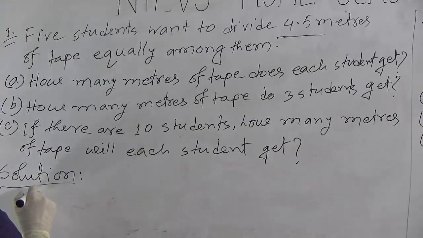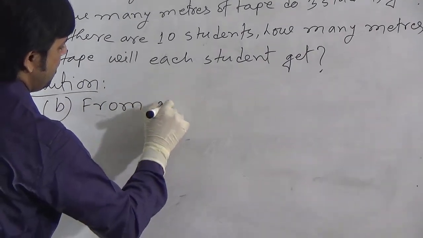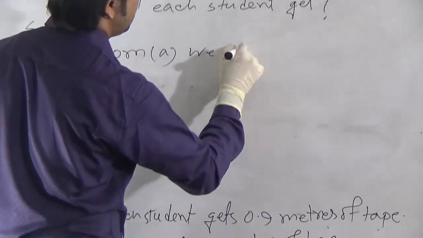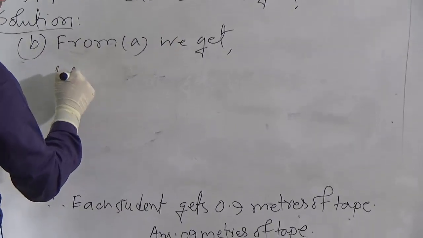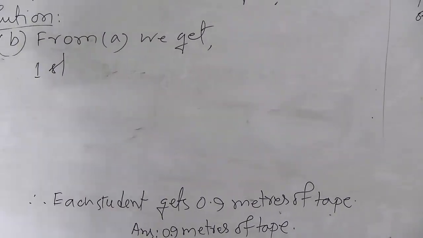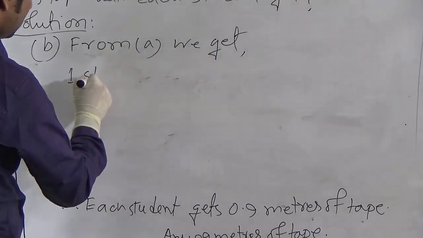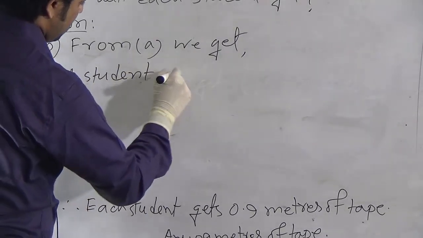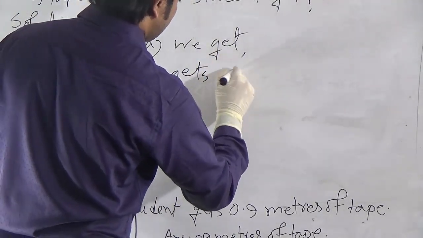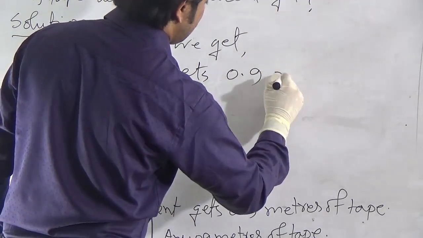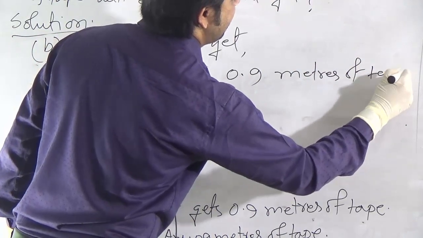So we can write, from A, we get one student gets 0.9 meters of tape.